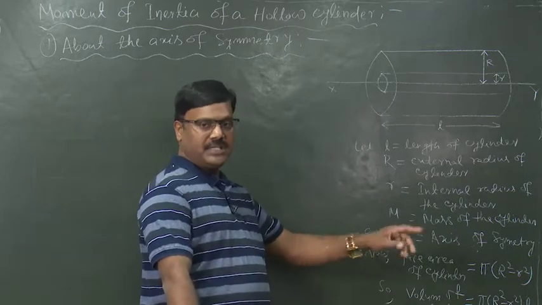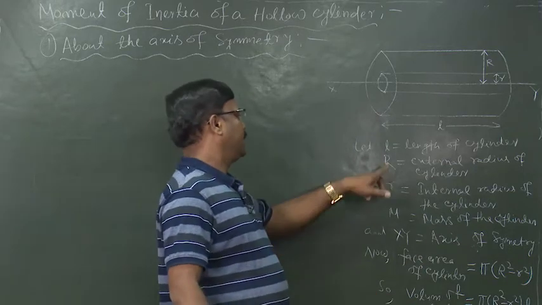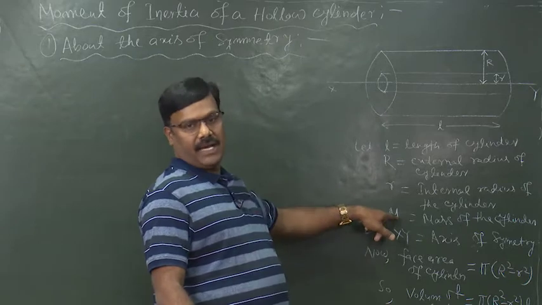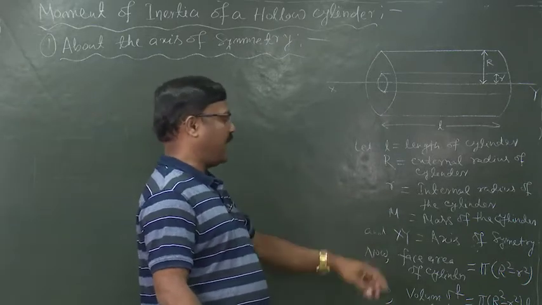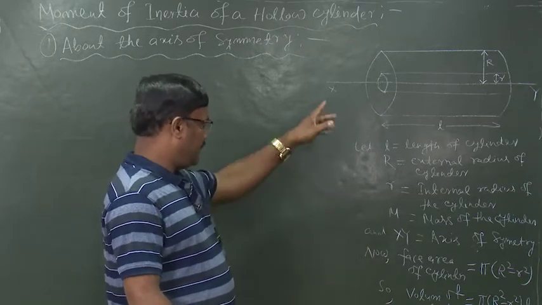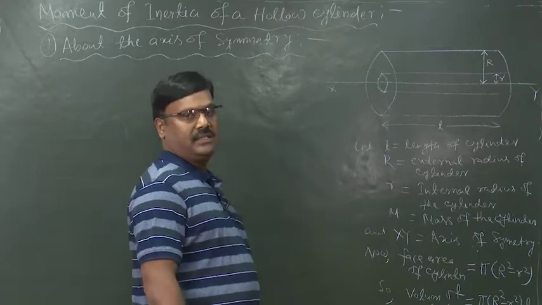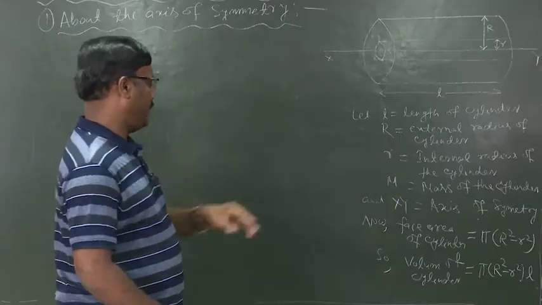If the volume is this much, then by dividing the mass of the cylinder by the volume, we can get the mass per unit volume.